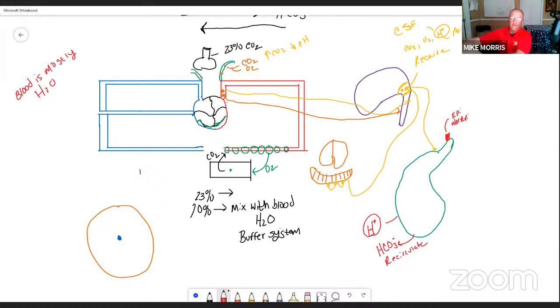So chapter 8 covers metabolic acidosis, metabolic alkalosis, respiratory acidosis, and respiratory alkalosis. In chapter 8, you have to start determining what you have.